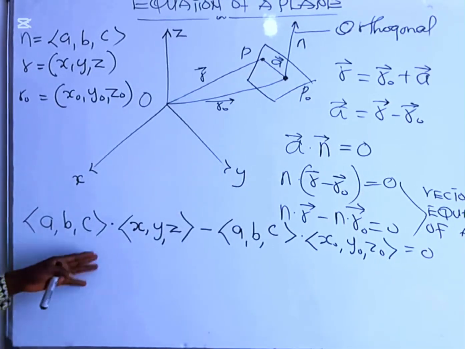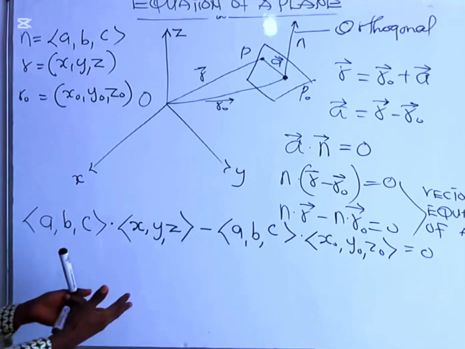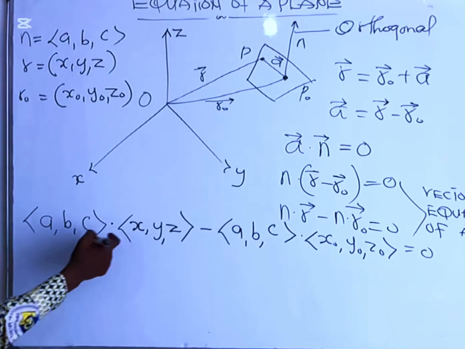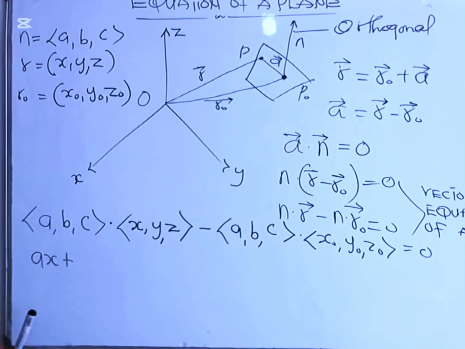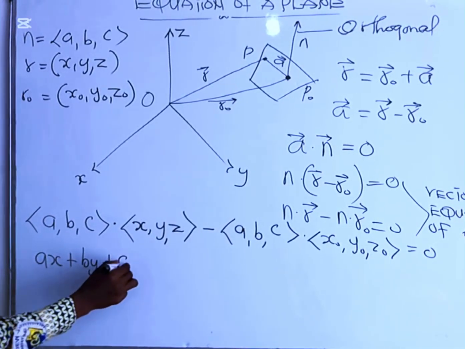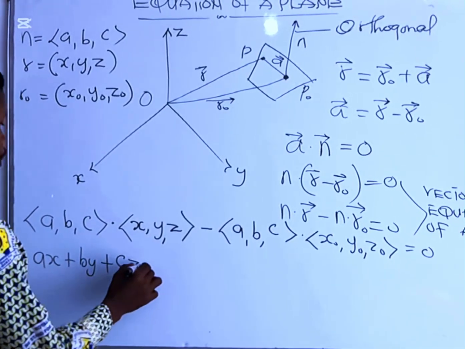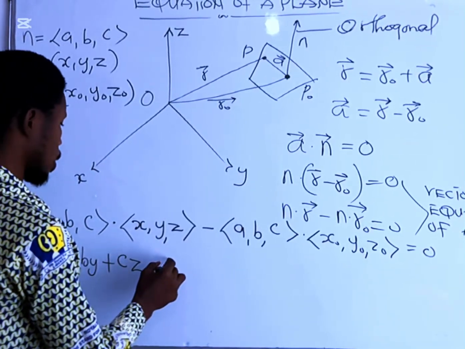So let me try to expand this one. Because the outcome of a dot product is a scalar, I'm going to have this times this is ax plus b times y is by plus cz minus. So this one is actually in bracket.